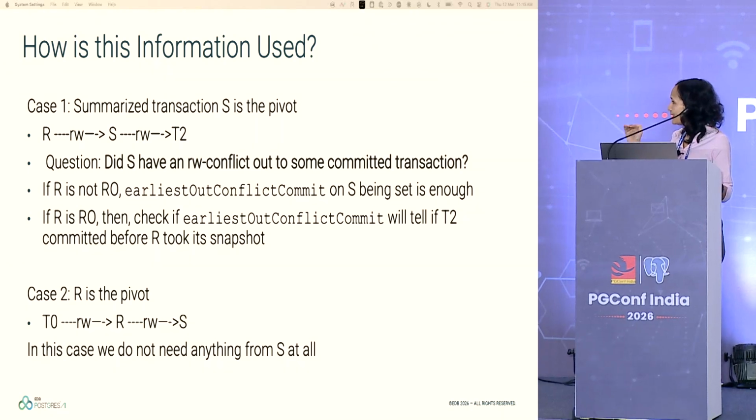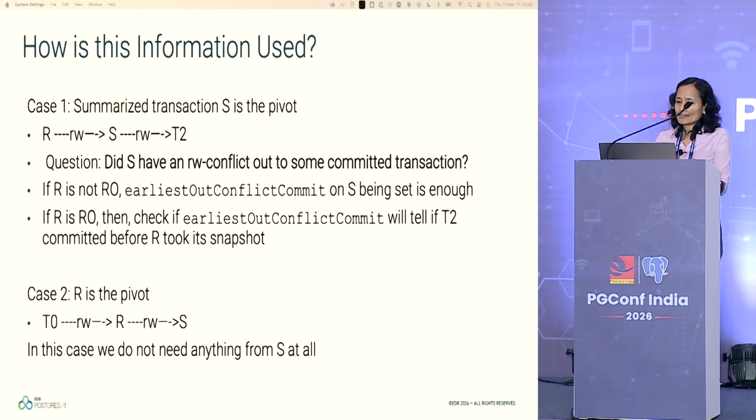But if R is read only, then the earliest out commit conflict will tell if T2 committed before R took its snapshot. And the other case is when R is the pivot. In this case, we just need to know that S was committed, which it is.